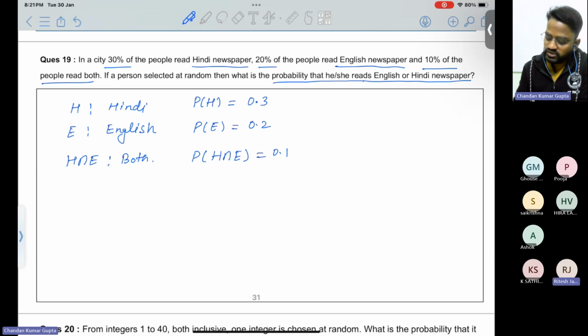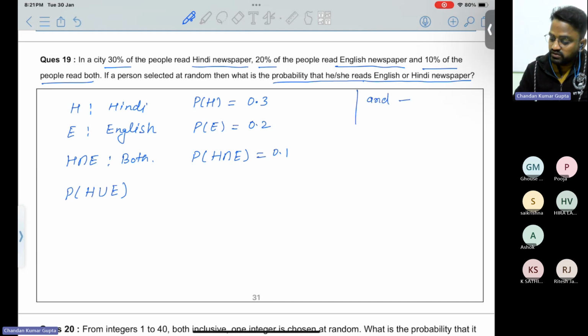We need to find Hindi or English. That is the probability of Hindi or English, which stands for union. When we are dealing with and in set theory, we are talking about the intersection.